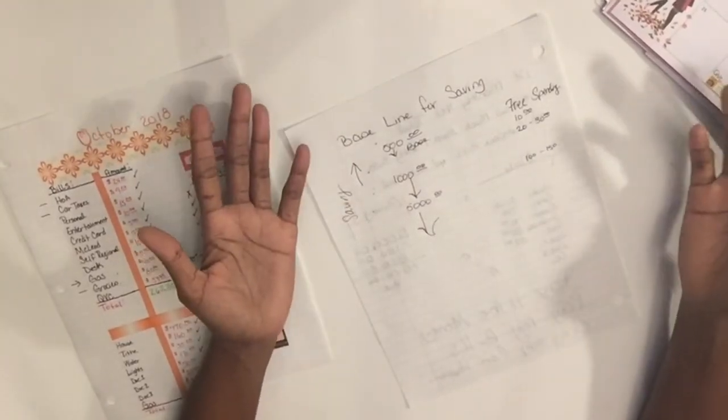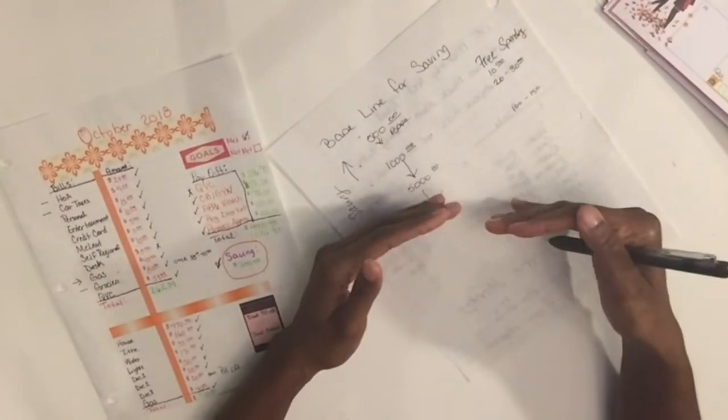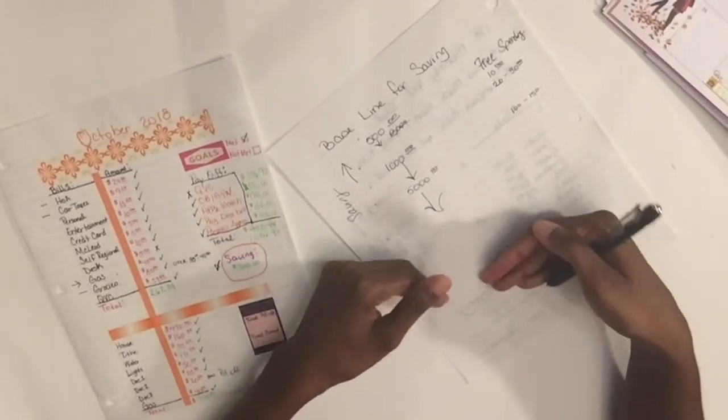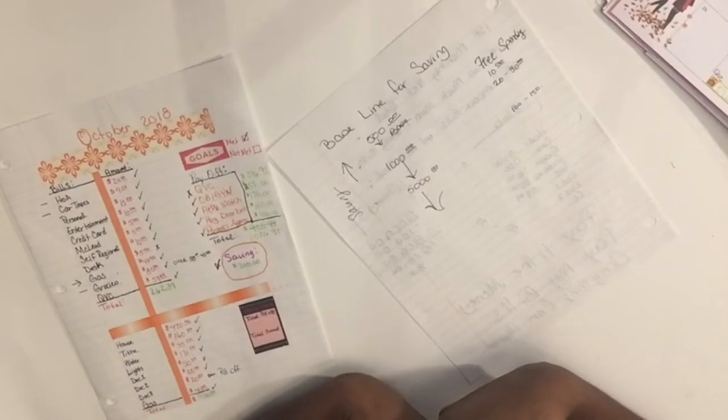But you have to start off crawling. Unless you're one of them lucky people who can scratch a ticket or fill out a ticket and win the lottery. But you got to start somewhere. You have to be disciplined and you have to have patience in order for this system to work. At least that's what I feel like.